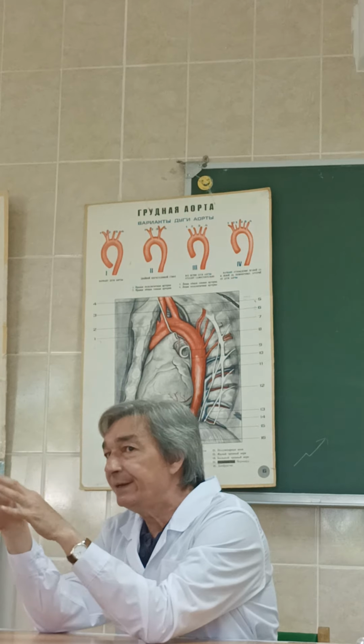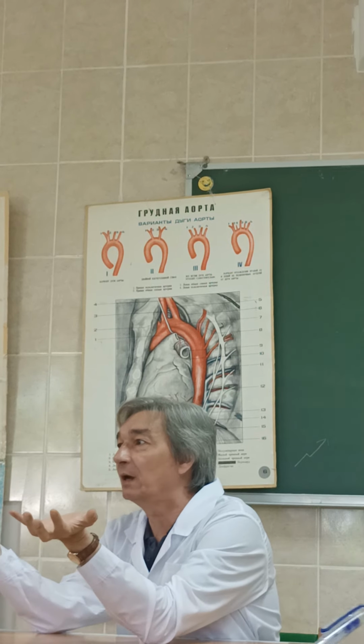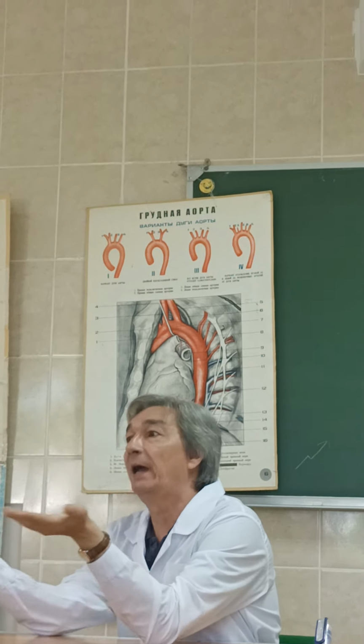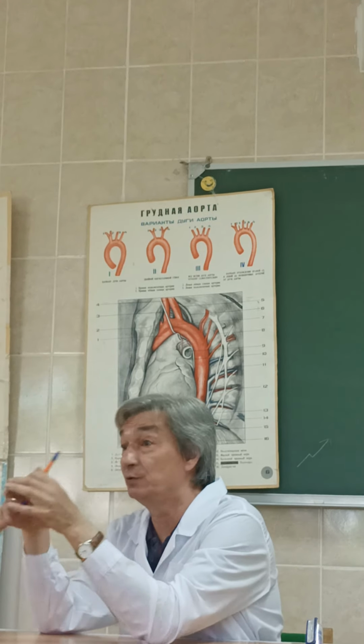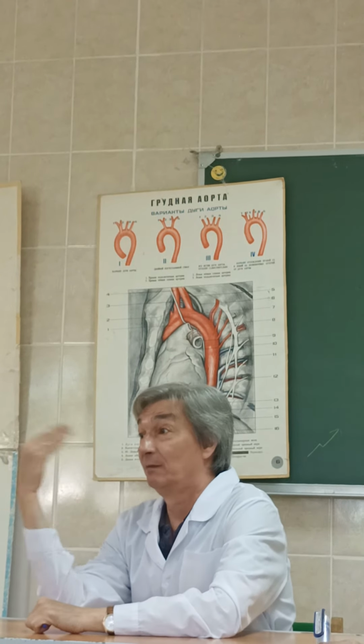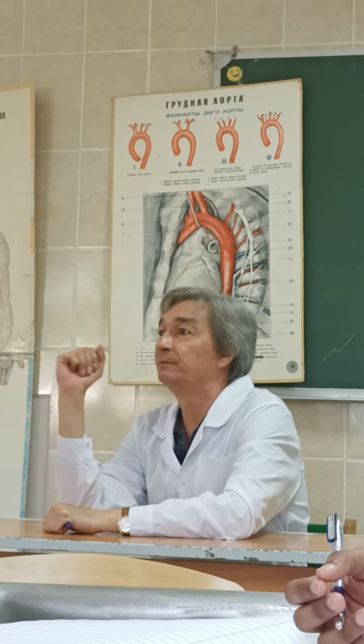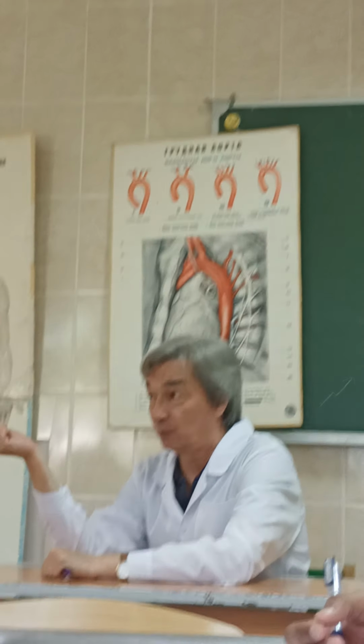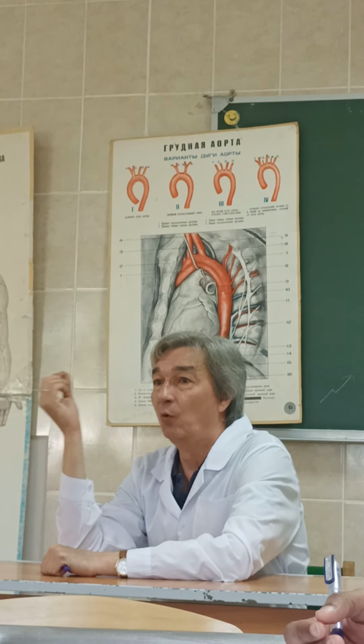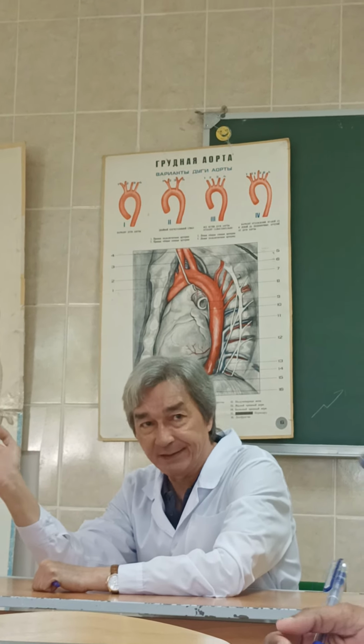And there are many organs inside the abdominal cavity. We can divide them into 2 groups, paired and unpaired. Of the paired branches of the abdominal part of the aorta, the widest is the renal artery.